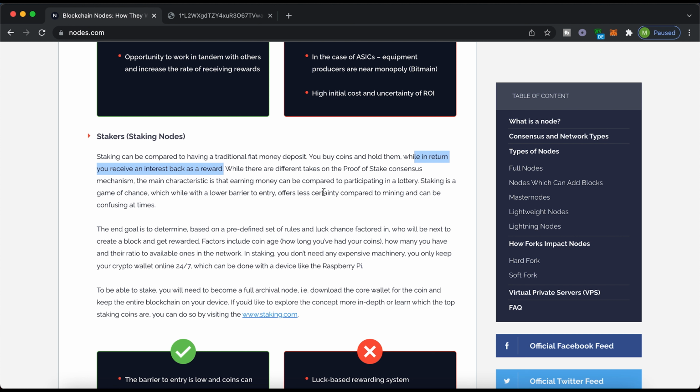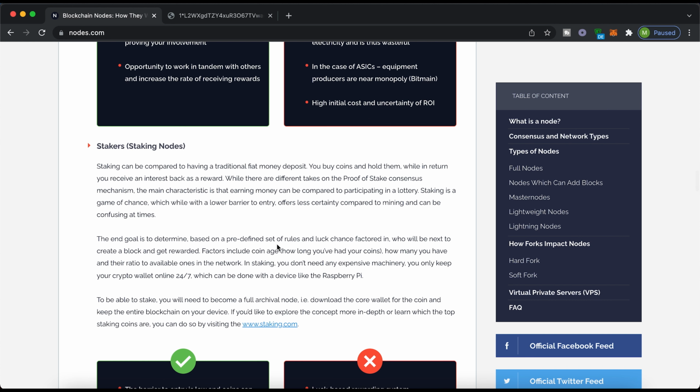So you buy some coins and you lock them up, and while your coins are locked up, depending on things like your coin's age, how long you've had your coins locked up for, and how many you have in ratio to the available ones in the network, it all contributes to whether you would be the one to solve the cryptographic problem on the blockchain. This is another solution to solving cryptographic problems.